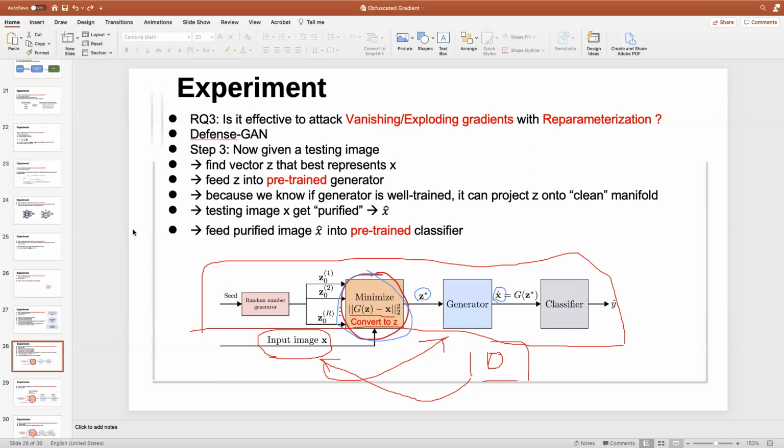The example is that given an image that is pure blank or pure white or full of noise, by this architecture it will always find a Z star. This Z star may represent a cat or a pig or a horse, whatever, because this horse or this cat is the most similar image to this red noise. Then we use the classifier to say this red noise is actually a horse or a cat.